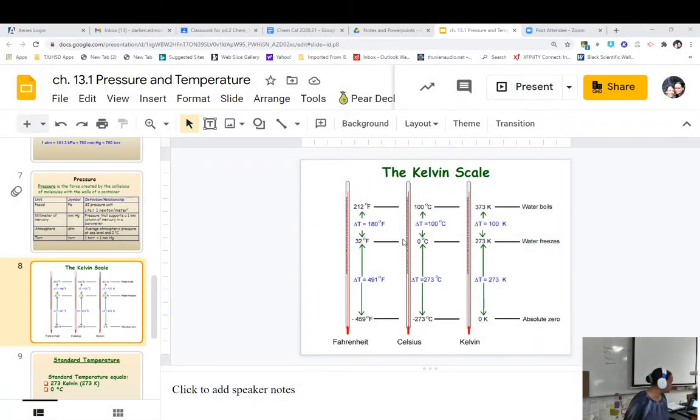All right, so now we're going to go back to the temperature scale. What I need you to do is go ahead and draw the Celsius scale and the Kelvin scale. And actually, you know what? I'm going to go ahead and write this out for you on my paper, a simplified version of those scales.